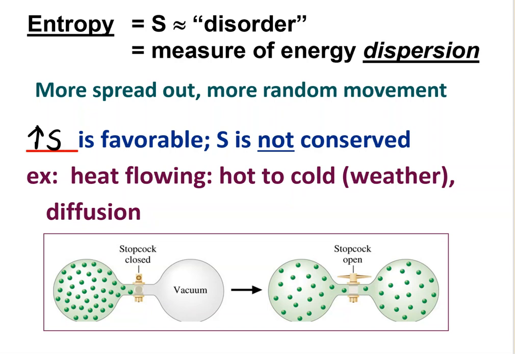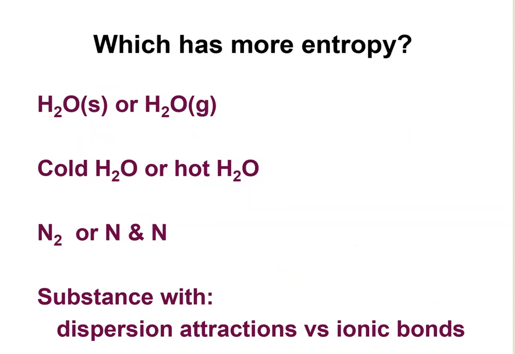Let's look at some different substances and situations and think about which one has more entropy. For these, it is good to think about the more spread out, the more they're moving, the more random motion, the more entropy it's going to have.